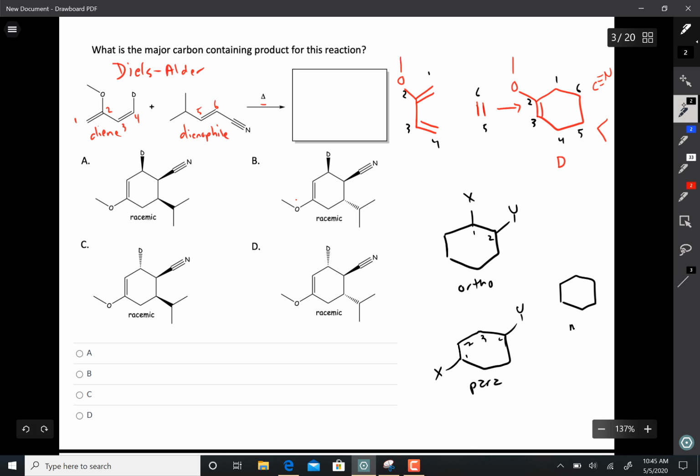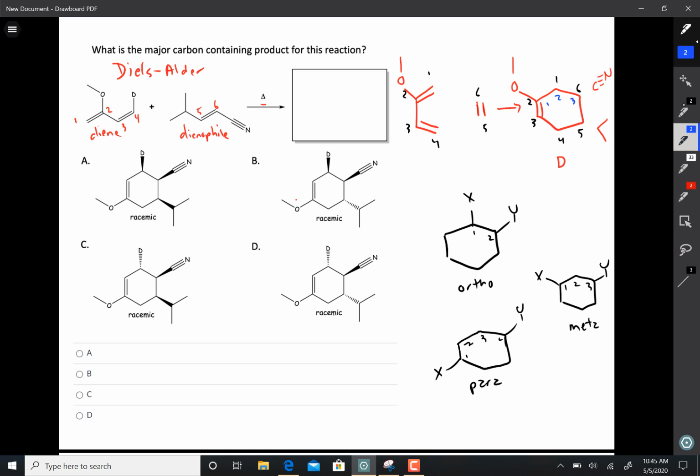The third option is meta, and this is the option that you want to try to avoid, where they have the 1-3 relationship. And if we look in our diagram, the OMe, which is the donating group on the diene, and the nitrile, which is the withdrawing group on the dienophile, are meta to each other.